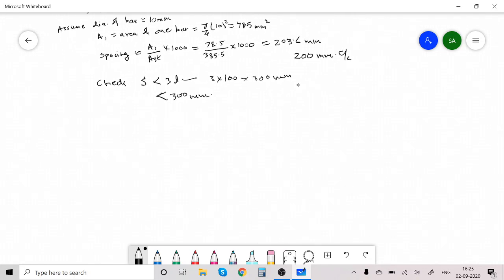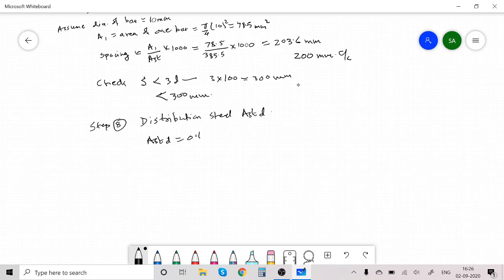Now in the next step, that is step number 8, we find the distribution steel, that is say Ast D. We consider Ast D as 0.15% of A gross for mild steel.